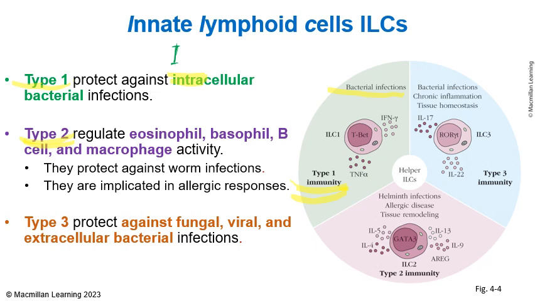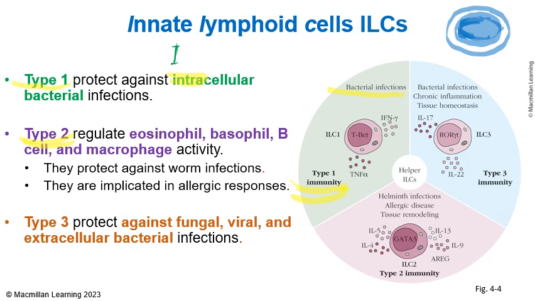Do you remember what a lymphoid lineage cell looks like? They basically look like this: a huge nucleus, very little cytoplasm. If you just look at them, you can tell them apart.